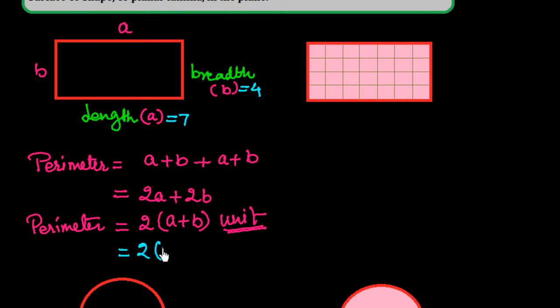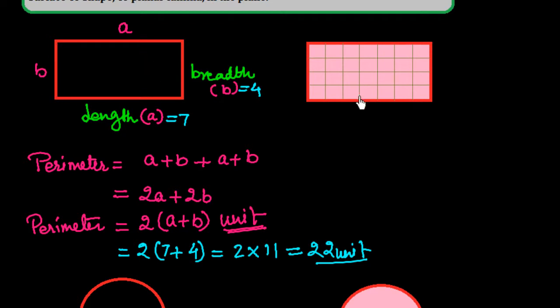We have 2 times (7 plus 4). 7 plus 4 is 11, and 2 times 11 is 22. So 22 units would be the perimeter of this plane figure.